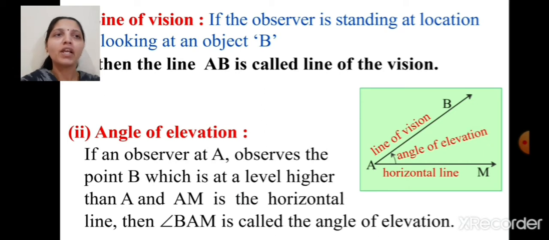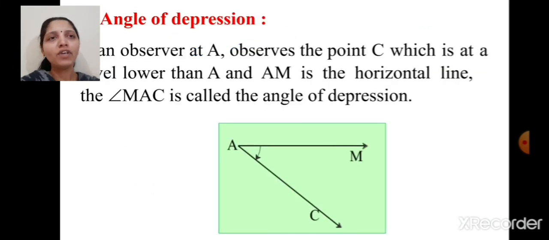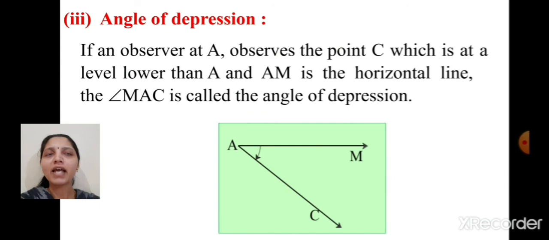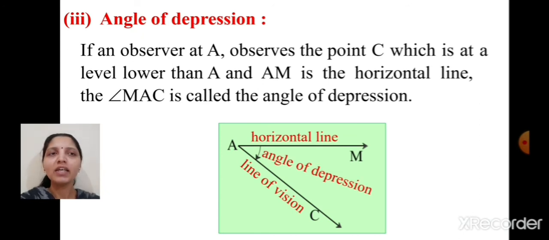Now let's understand angle of depression. Where can this angle of depression be formed? If the observer is at point A and observes point C, which is at a level lower than A, and AM is the horizontal line, then we can say that angle MAC is the angle of depression.